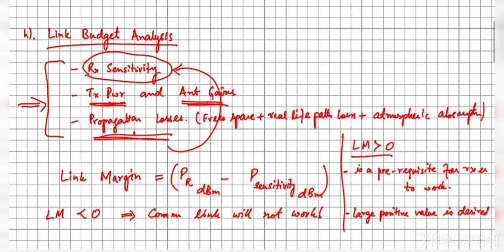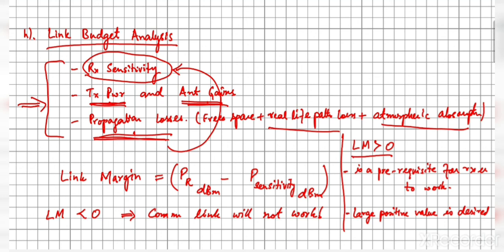So for instance, if the assumption of the atmospheric absorption, taken as, let's say, 0.1 dB per kilometer, is violated because the humidity is high, or because there is a heavy rain going on, or any other factor, or if there is some unforeseen additional loss due to, for instance, the path loss exponent in a particular environment exceeding the assumed values, a large value of link margin would ensure that the communication link still works.